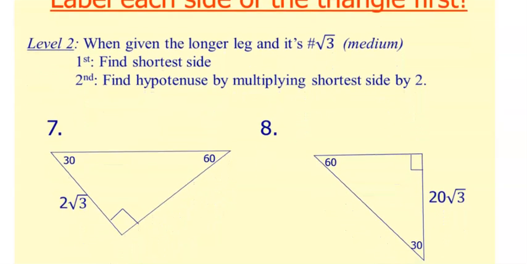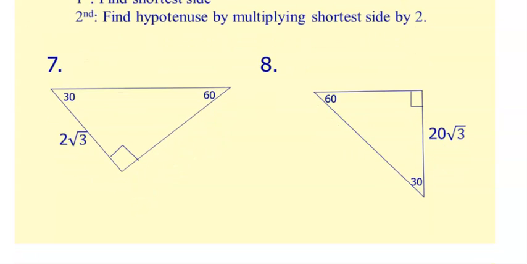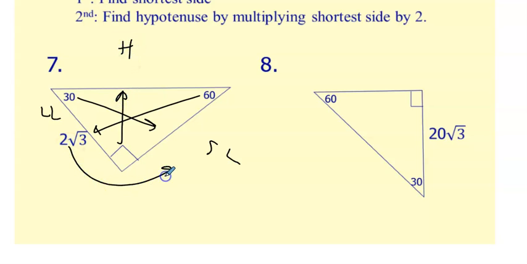All right, level 2. With a longer leg, when we give them the longer leg and it's a radical 3, find the short side first. So, short leg, long leg, hypotenuse. We always want to try to get this. Okay? So think about it.